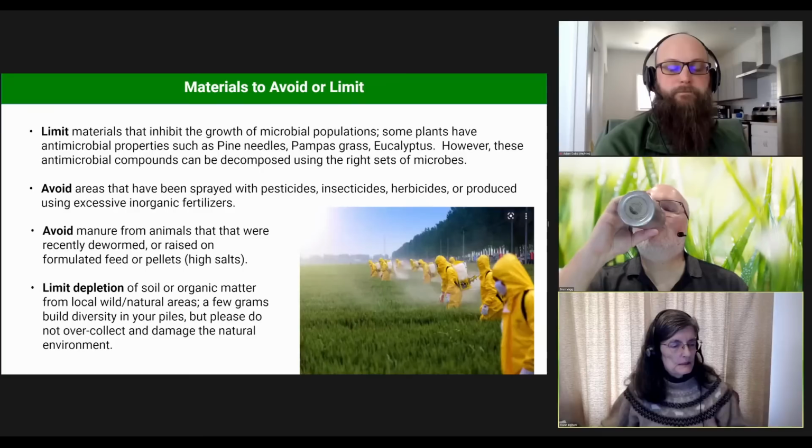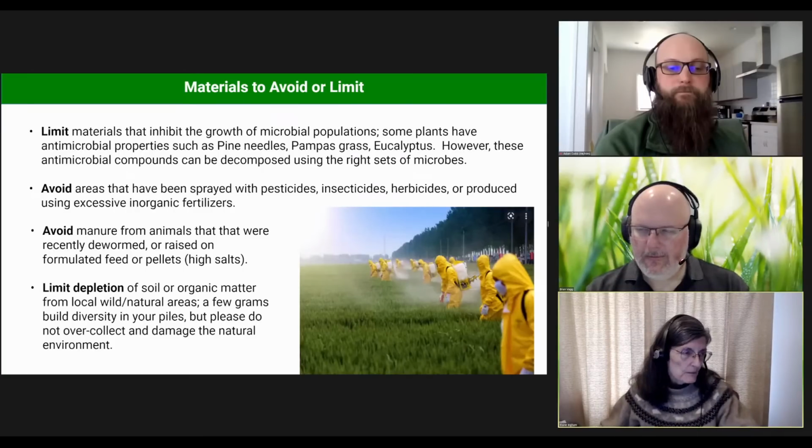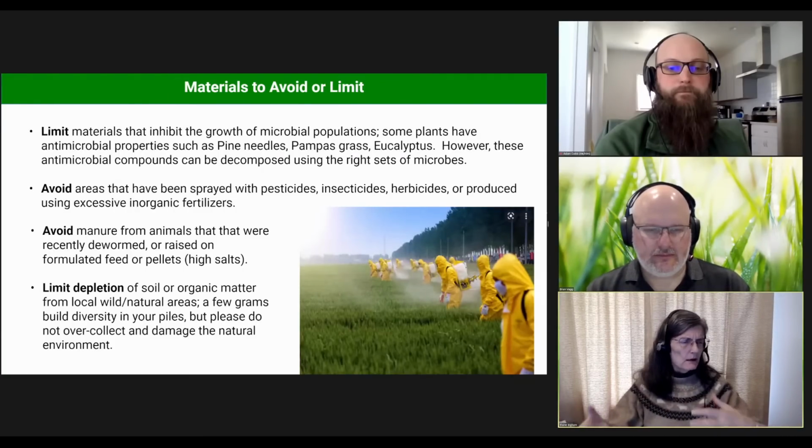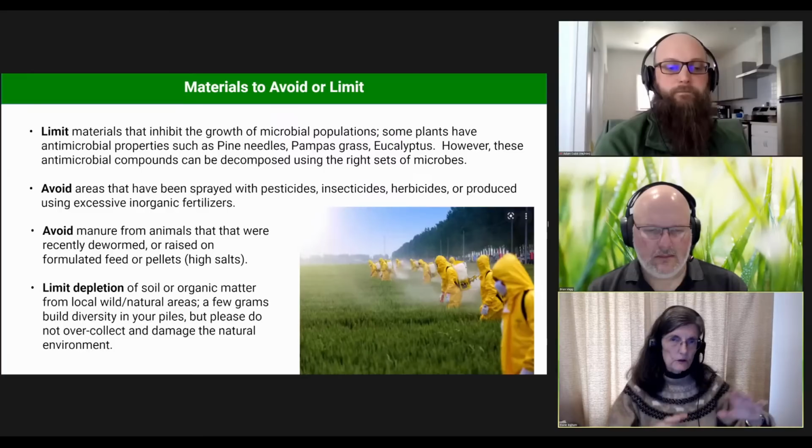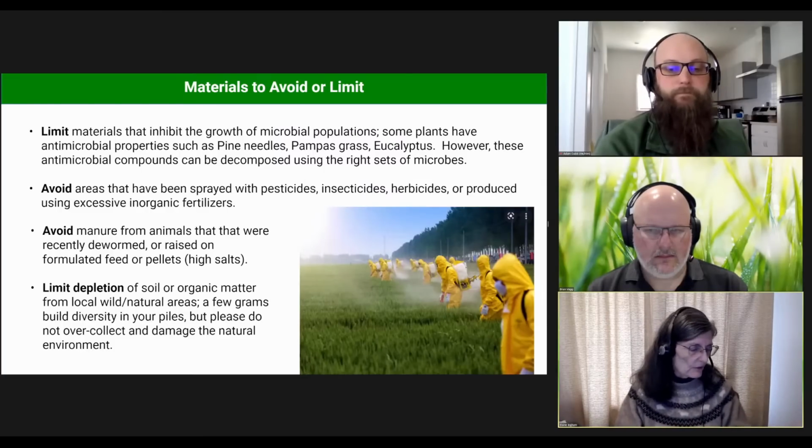We don't want you to be taking a lot of organic matter from the natural systems around you. So how long do you have to go out and be collecting those organisms? Well, the first time that you try to start compost piles, you'll need to go out and get your inoculum. Now you get that huge mixture of diversity of the bacteria, fungi, protozoa, nematodes, microarthropods, all those critters.